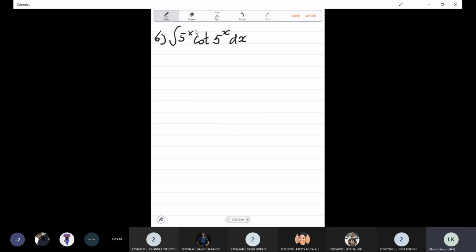So I have 5 to the power of x, but ln of 5 is missing. So I add ln of 5 here and then 1 over ln of 5 outside. So I have 1 over ln of 5 integral of 5 to the power of x ln of 5 cot 5 to the power of x dx.